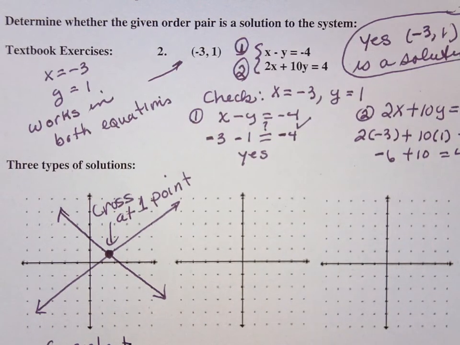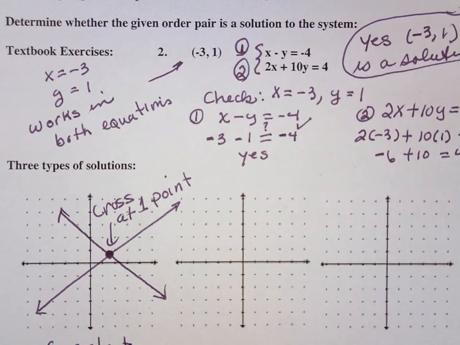The number of solutions it has is 1. So when you're looking at a solution, it's going to be an x, y value that makes both equations true. So it's a shared x, y value.